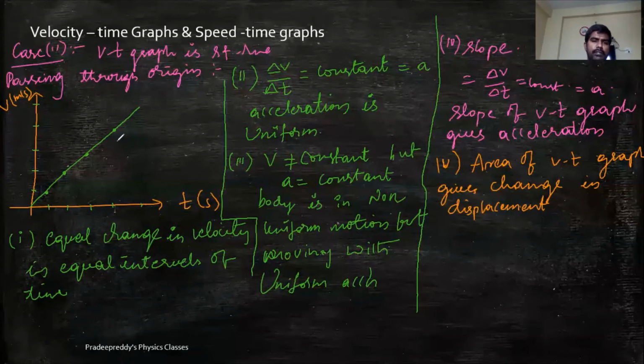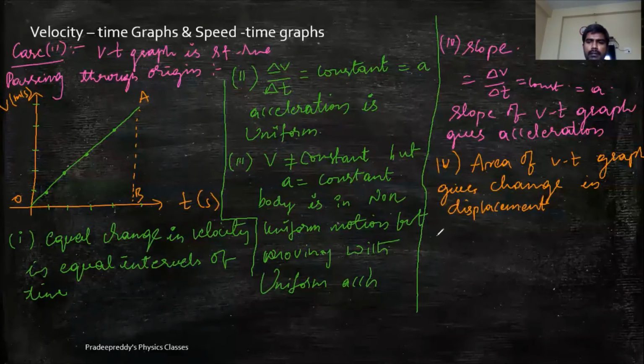And here slope is constant, therefore acceleration is constant. If you calculate the area of this triangle OAB, then you will get the total displacement covered by this body. That is about velocity time graph case 2.